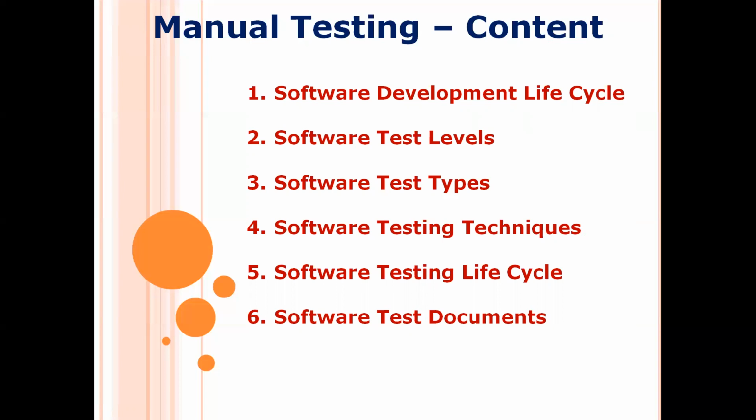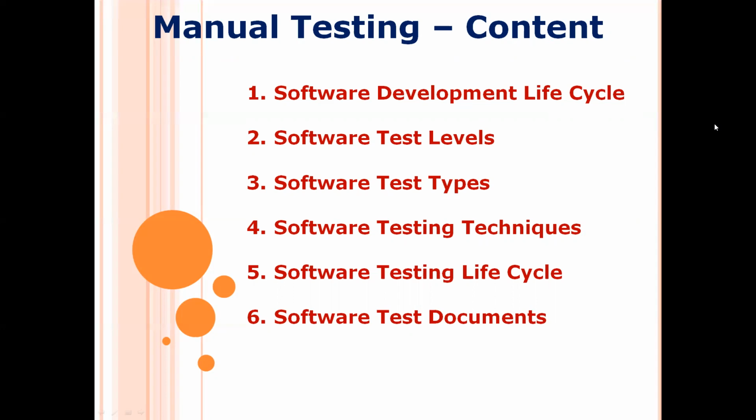Next, software test documents. Software test documents actually is not a separate chapter. In the software testing life cycle we prepare these documents, but in order to focus on them, I created a separate chapter for software test documents. First chapter, software development life cycle, SDLC. Actually, it is the developers' chapter.